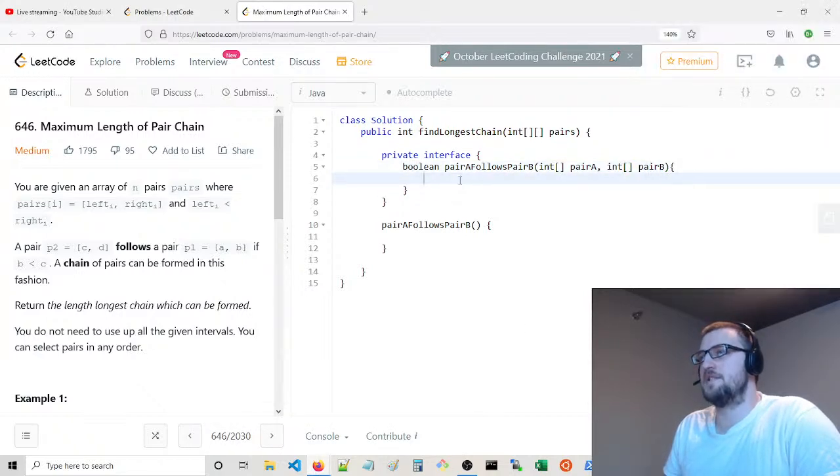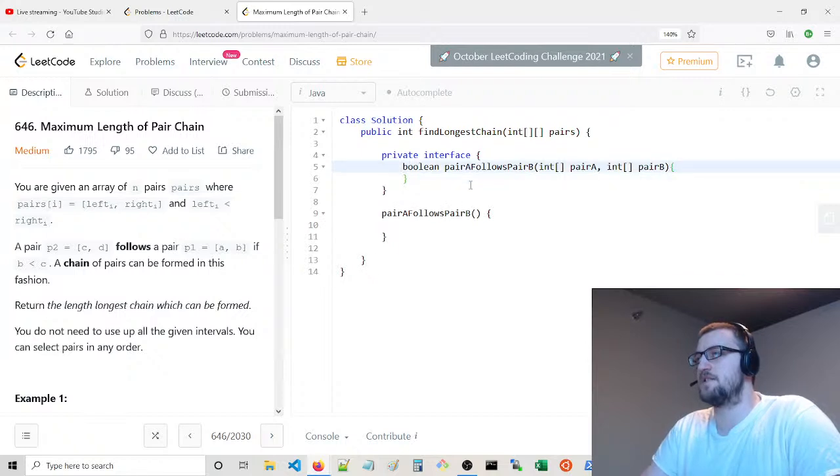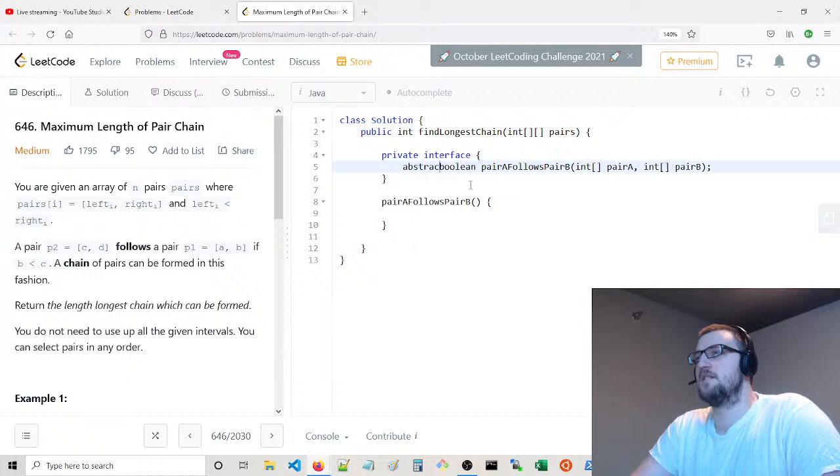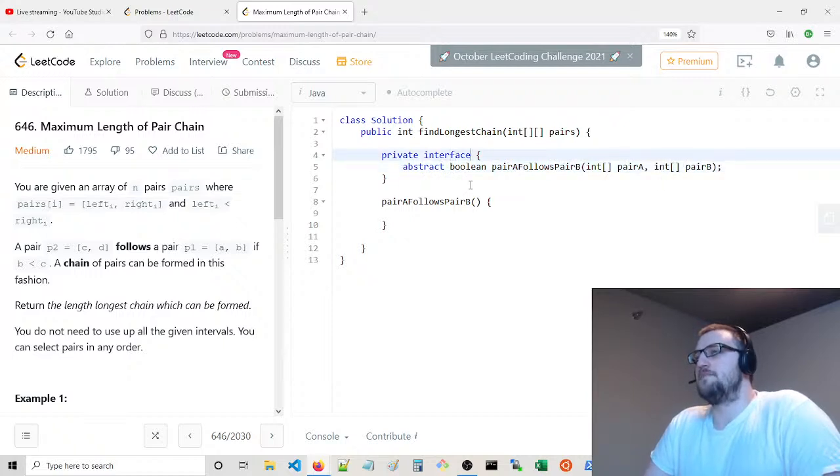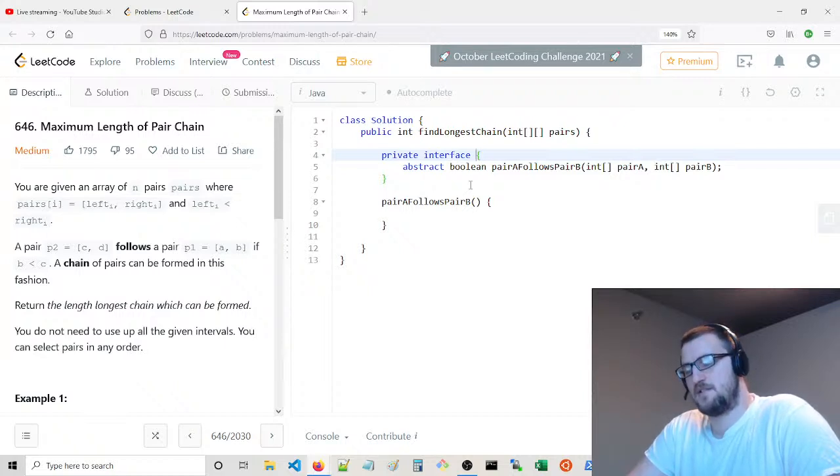And then this actually isn't defined, right? It's abstract. And then we could say this interface is not anonymous, but I don't know what you would call this, like binary predicate.